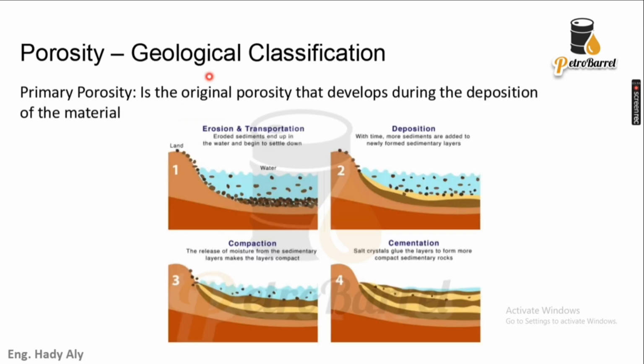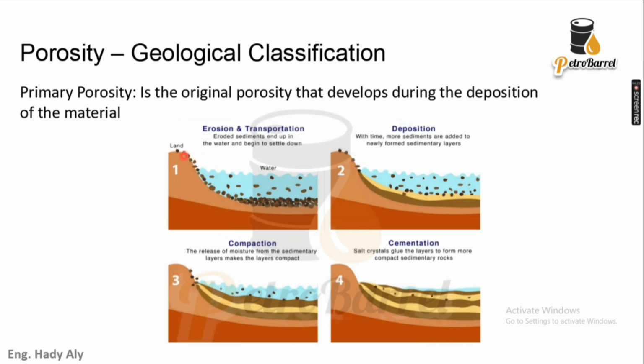And also, referring to the geological classification, we have primary porosity and secondary porosity. The primary porosity is the original porosity that develops during the deposition of the sediments or of the material. It includes the formation of sedimentary rocks, which has four main stages, the first of which is erosion and transportation of the sediments.